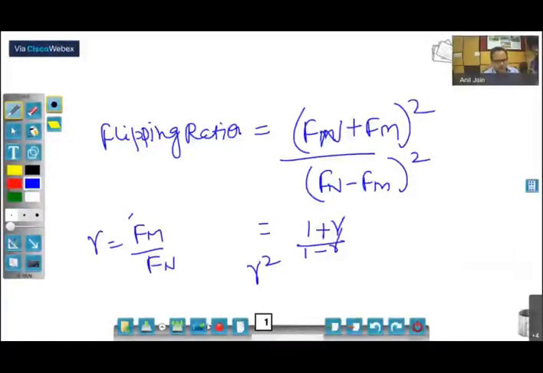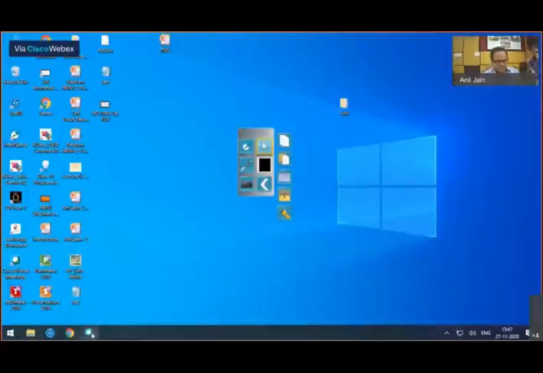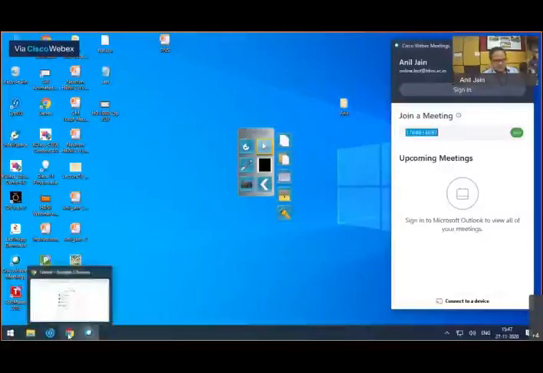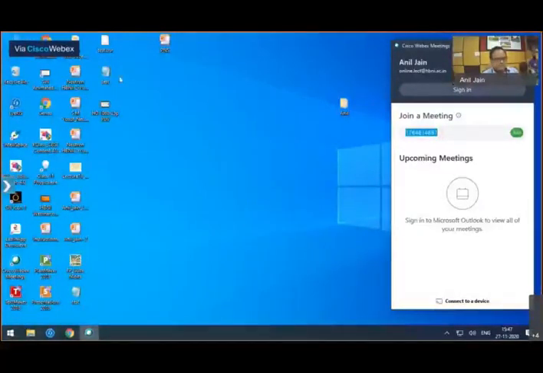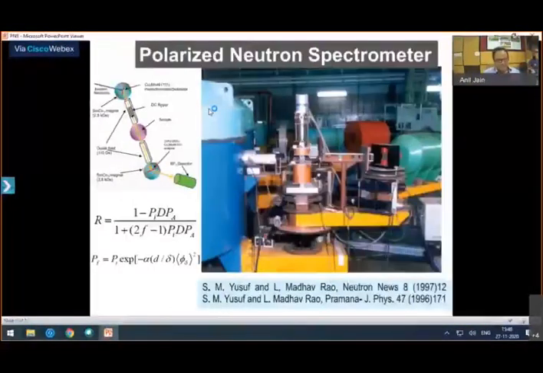Another thing you can do with this polarized neutron is, you can use this polarized neutron spectrometer in the direct geometry, means you can check how the neutron beam gets depolarized when it passes through your sample.